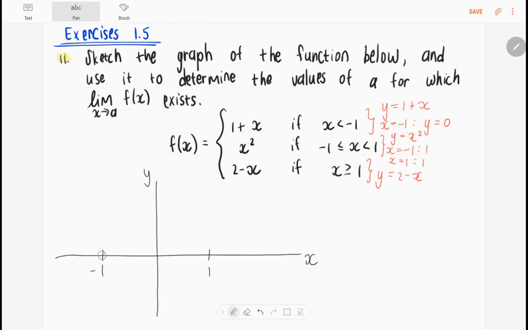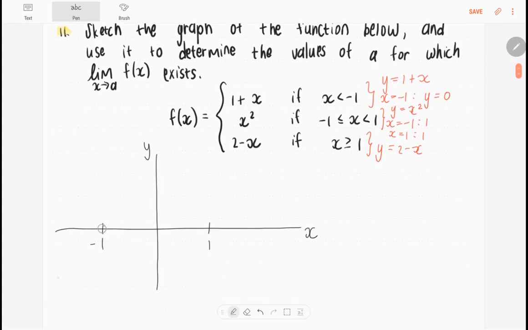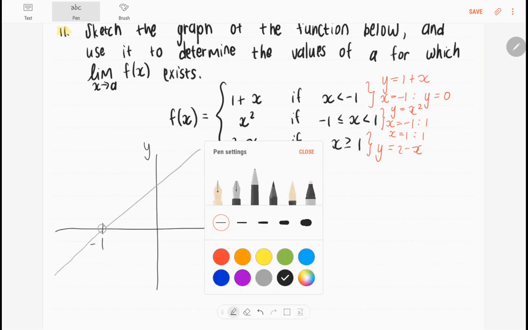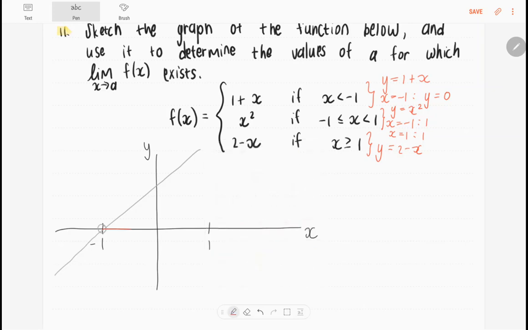So the function looks something like this. However, we are only looking at the part of the function where x is less than minus 1. So we will therefore only be looking at this part of the function and disregarding the rest.